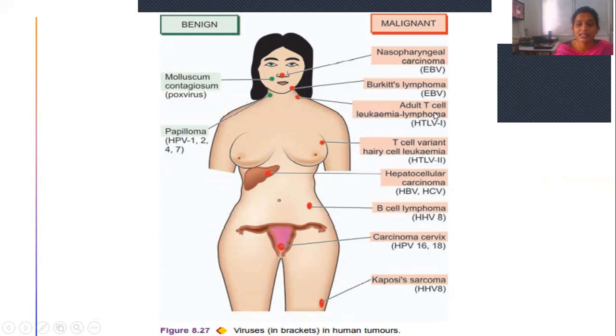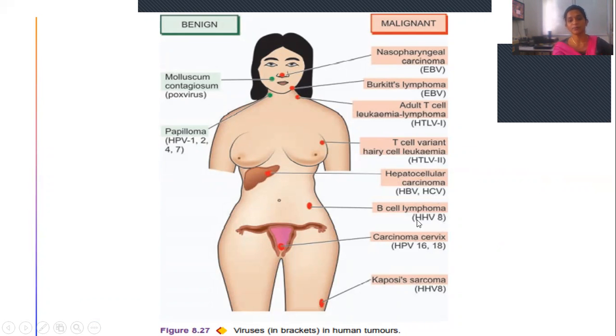Adult T-cell leukemia lymphoma is caused by HTLV1. T cell variant hairy cell leukemia is caused by HTLV2. Hepatocellular carcinoma is caused by HBV, hepatitis B virus, and hepatitis C virus.